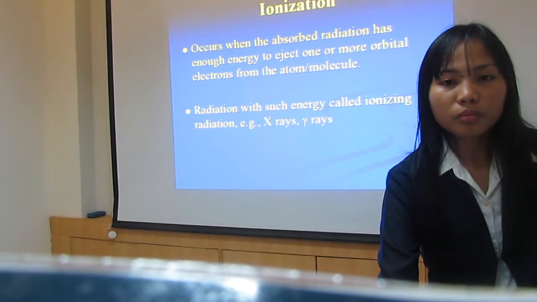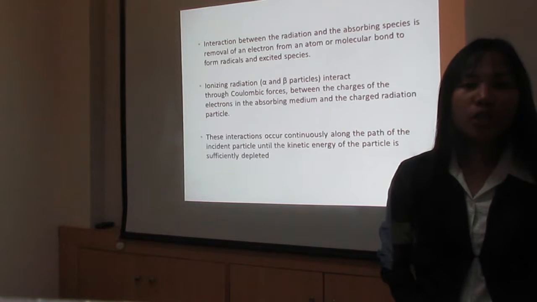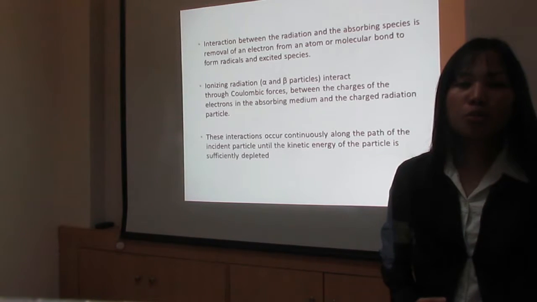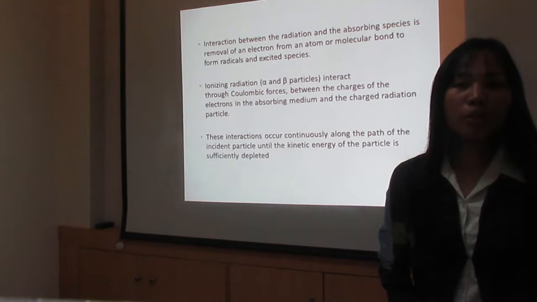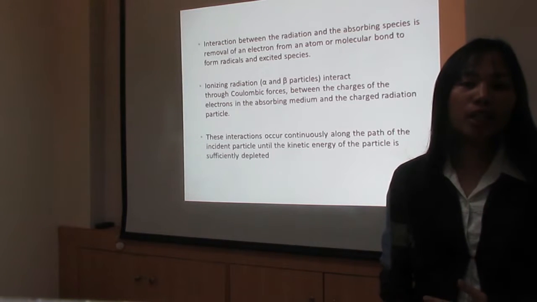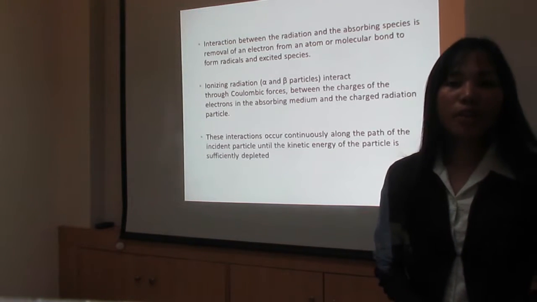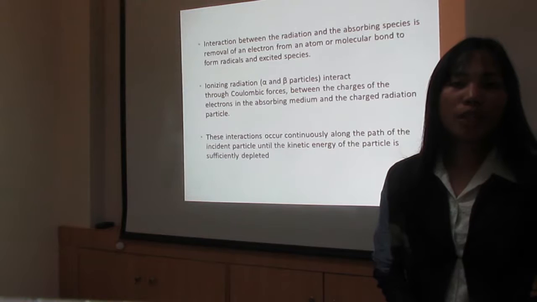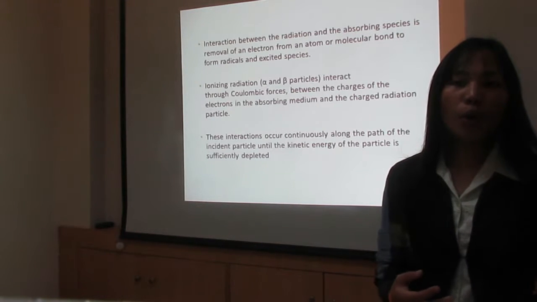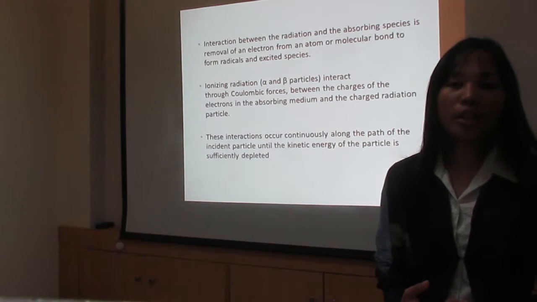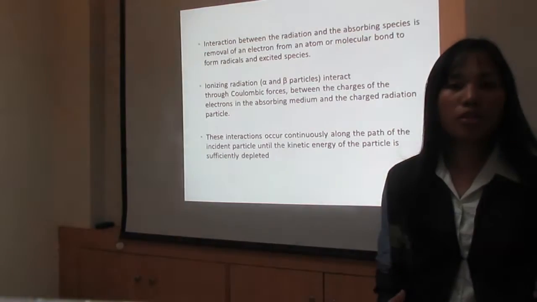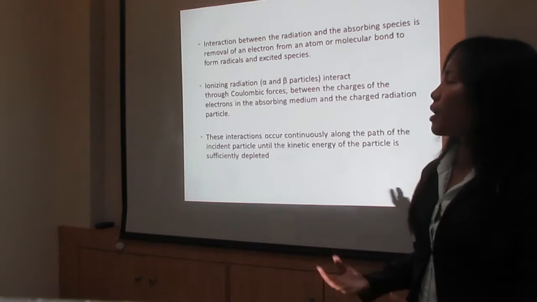The interaction between the radiation and the absorbing species is the removal of an electron from an atom or molecular bond to form radicals and excited species. The radical species then proceed to react with each other or with other molecules in their vicinity. It is the reactions of the radical species that are responsible for the changes observed following irradiation of a chemical system.